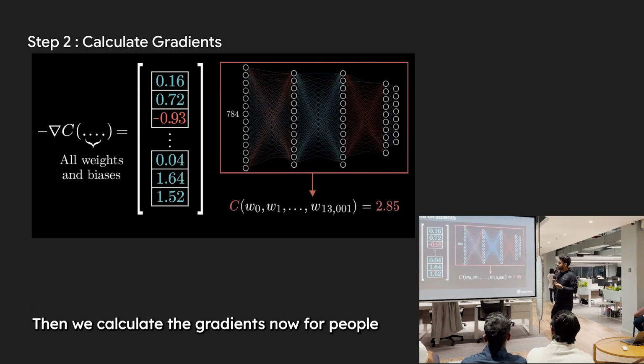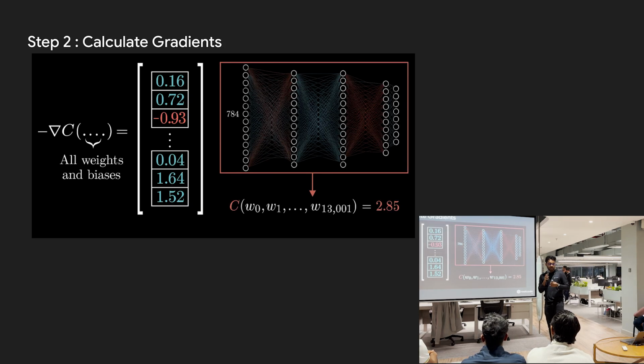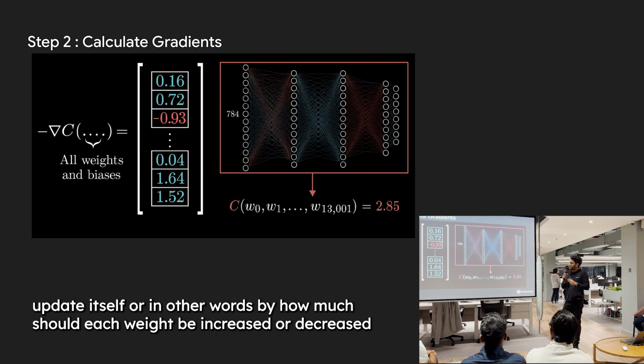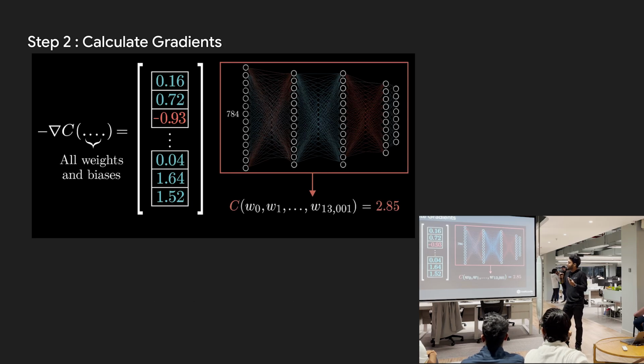Now, for people who are not very familiar with the mathematics of gradients, gradients are simply a way of telling your model how wrong it has been and by how much it should update itself. Or in other words, by how much each weight should be increased or decreased to slightly nudge accuracy more towards our favor. So this is the feedback mechanism to the neurons.